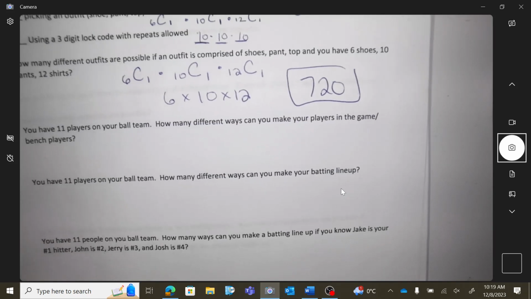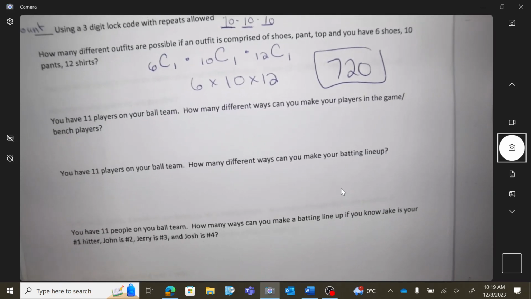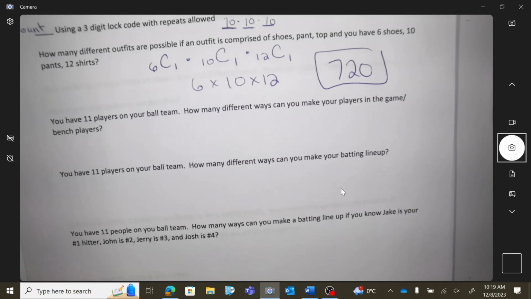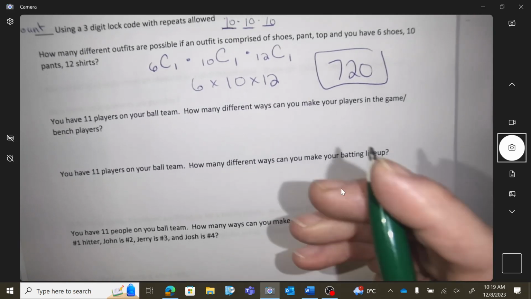Okay, so you have 11 players on a ball team. How many ways could you be putting players as a starting lineup versus bench? So how many ways could I have picked the group to put on the field? So at this point, am I worried about my order? No, I'm just trying to pick a group to go on the field versus picking the group to go on the bench. So what am I doing?